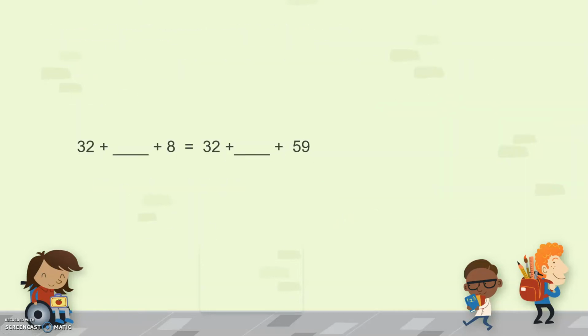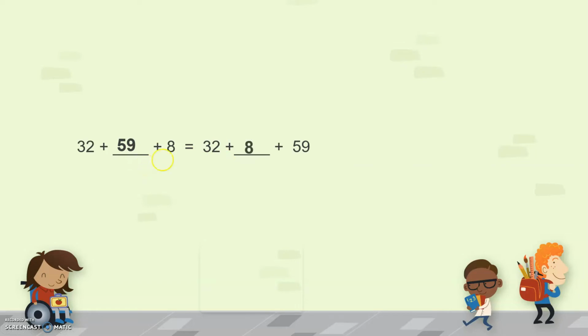Okay, next. Ayan. So, kanina, multiplication. Ngayon naman, addition. So, we have 32 plus blank plus 8 equals 32 plus blank plus 59. So, dito muna tayo. Anong number ba yung nandito na hindi kasama rito? Okay, number 59. And then, dito naman sa side na to, anong number yung missing na nandito sa group na to?